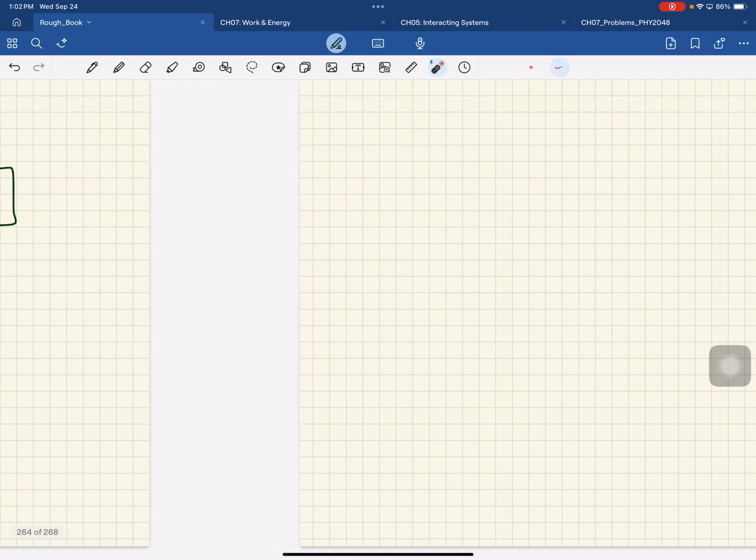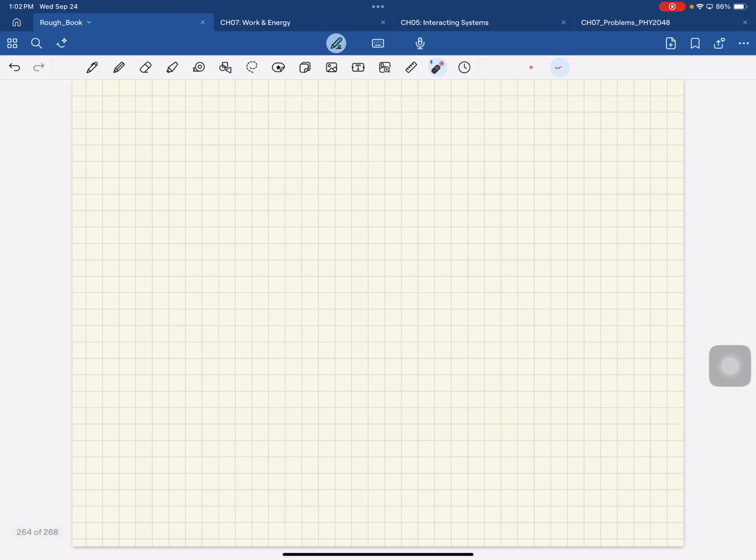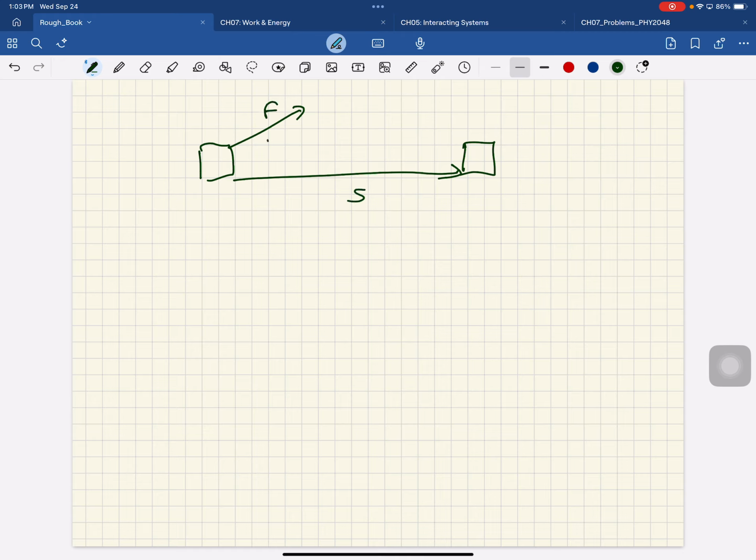All right, so this is a progression. We gave you the work done when the force was constant and the object was moving in a straight line.